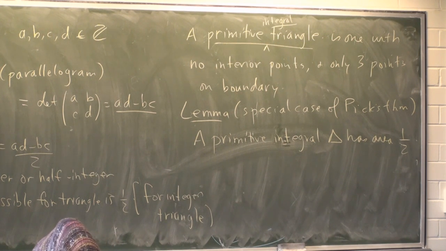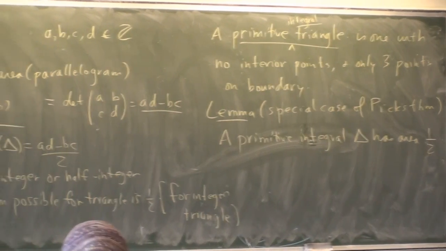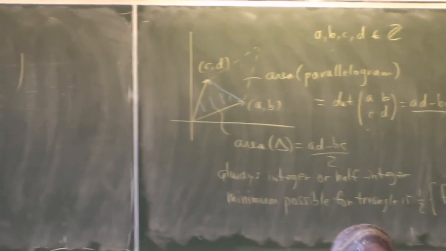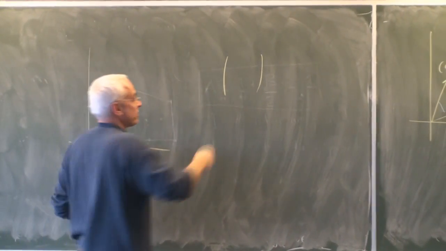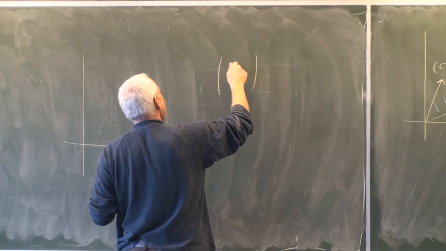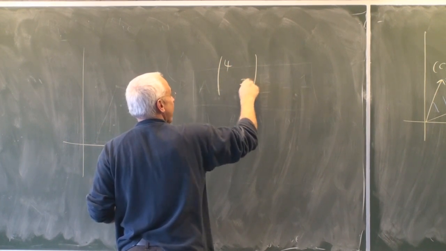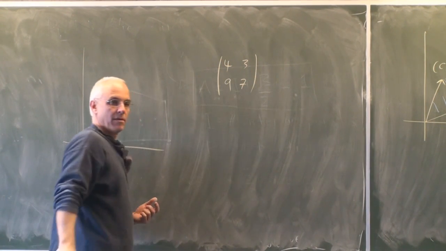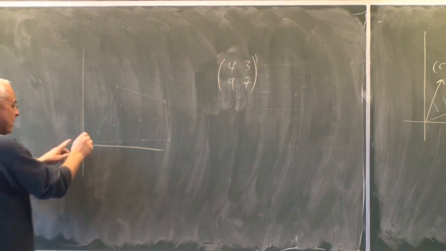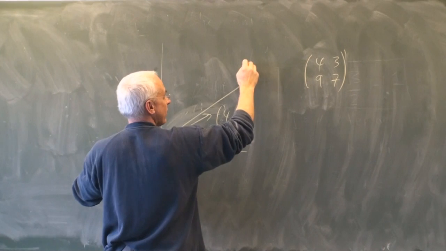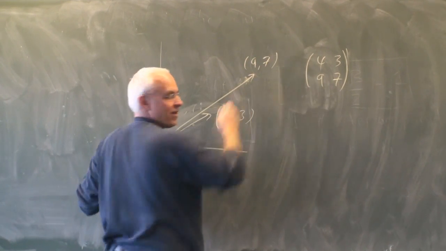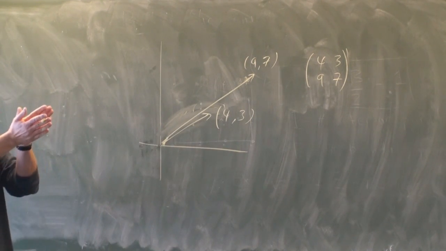By the way, how do you get such a primitive triangle? You get it by picking a matrix whose determinant is 1. The minimal possible for an integer matrix. For example, you could choose a 4 times 7 and 3 times 9. So that means if I take the vector 4, 3, something like this, 9, 7, the point is they're roughly in the same direction.